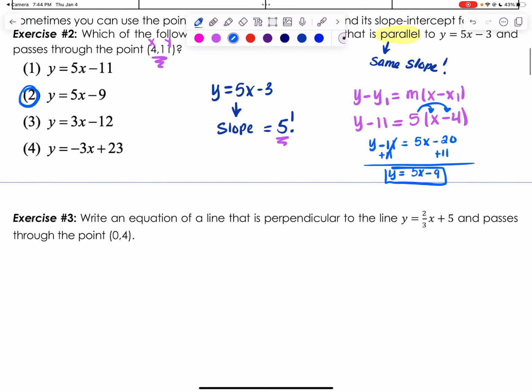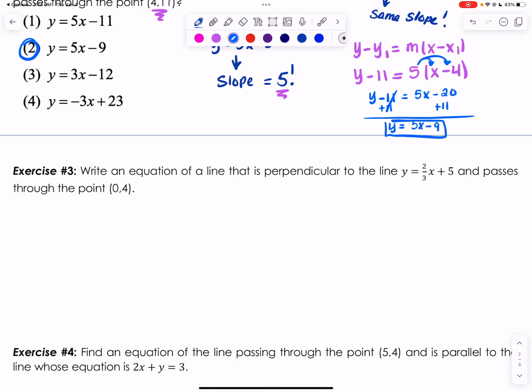Now let's go on to exercise 3. Write an equation of a line that is perpendicular to the line y equals 2/3 x plus 5 and passes through the point 0, 4. So if we look here, it wants us to do a perpendicular line. Now for a perpendicular line, our slope is not the same. We have a negative reciprocal slope.